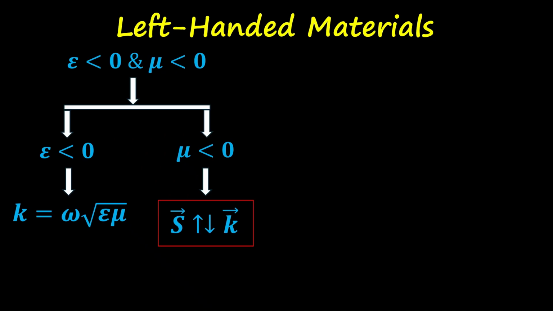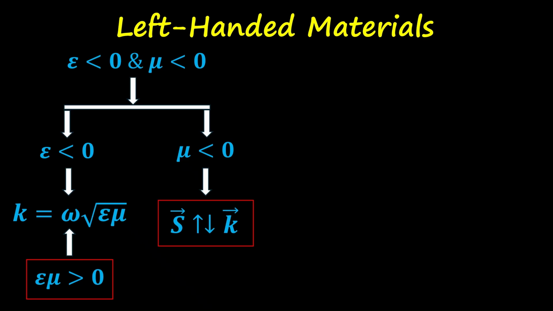So the wave will decay and we will not get a traveling wave. So when epsilon is negative, in addition to mu being negative, the product becomes positive, and this leads to the condition of obtaining a traveling wave.